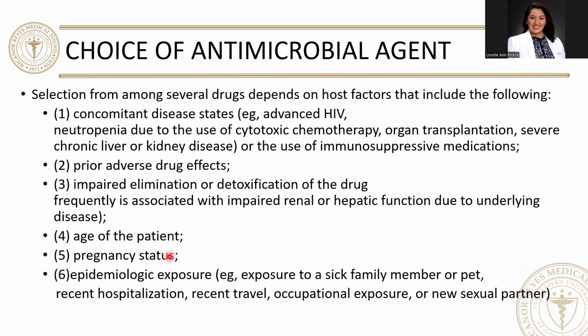Pregnancy status, because you have to know if the antibiotic is safe during pregnancy or not. And epidemiologic exposure, for example a family member who is also sick, a pet, sexual partner, occupational exposure, recent travel, and even recent hospitalization. These are the things that you ask when you do your history taking. Based on these, you will know what kind of antibiotics you are going to start for a certain disease.